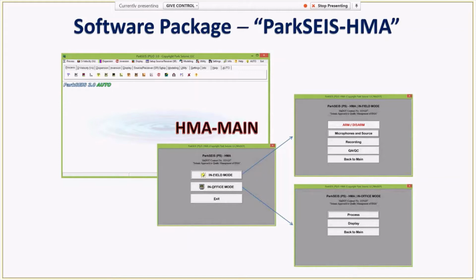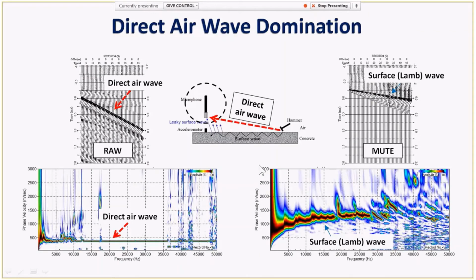But you can let it run overnight, and then next morning you can check the results and compare them to the results obtained in the field. So that's the in-office mode.